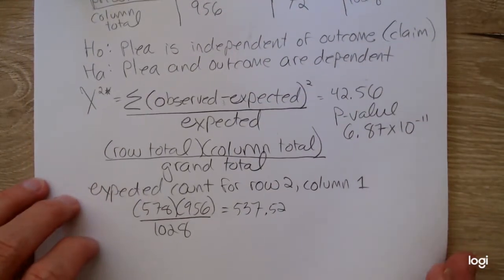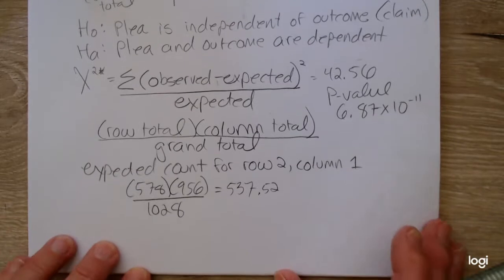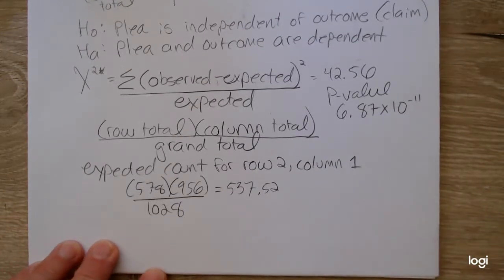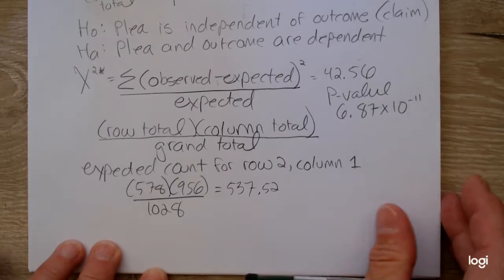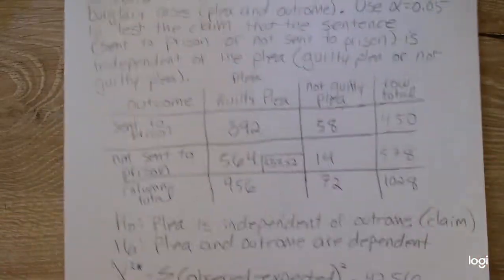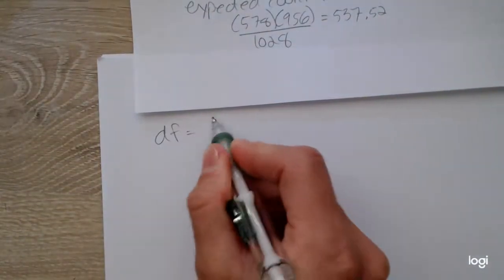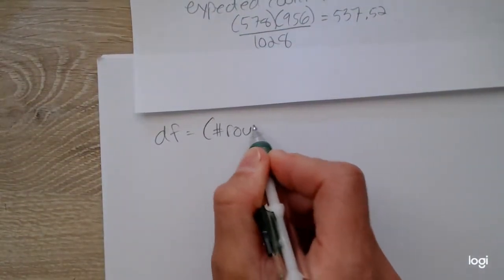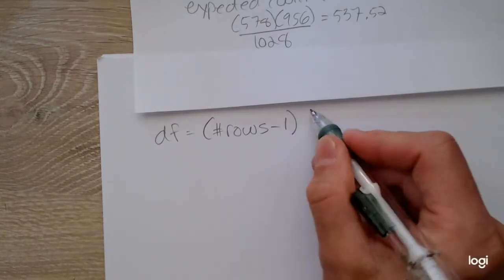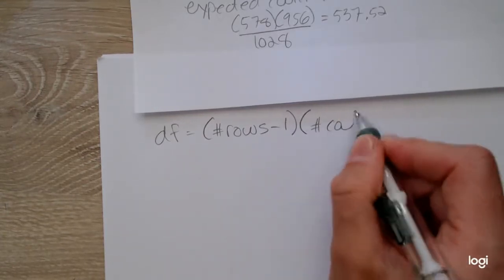Now, if you wanted to use the critical value method, you would need to get the critical value from the chi-square table, and you're going to need degrees of freedom. The degrees of freedom for the chi-square test of independence is the number of rows minus 1 times the number of columns minus 1.